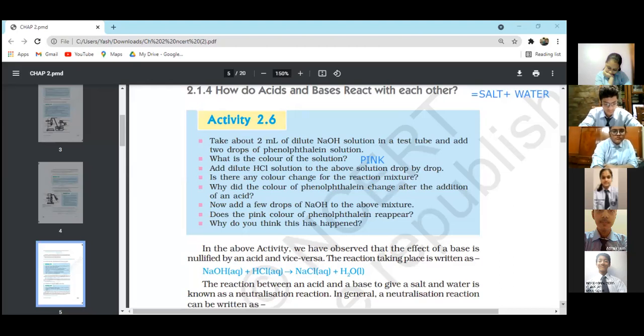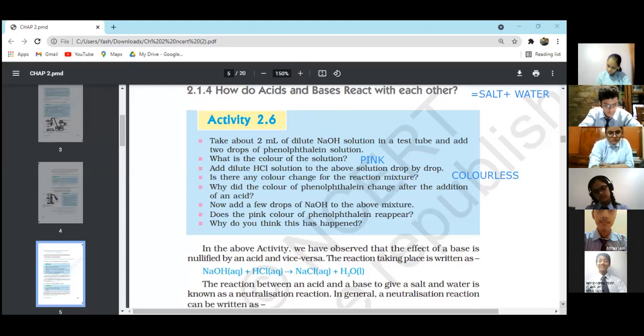Written? Now the question is, why did the color of phenolphthalein change after the addition of acid? So you have to write here the answer. Due to formation of neutral salt, the color of phenolphthalein changes to colorless.